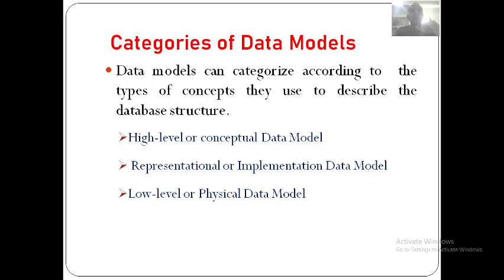All those things are implemented in the representational or implementation data model. Got it? And then comes the low level or physical data model. In the low level or physical data model, what happens? Actual storage of information, the data are stored in this. It is an implemented thing where we are storing all the data. This is the physical data model.